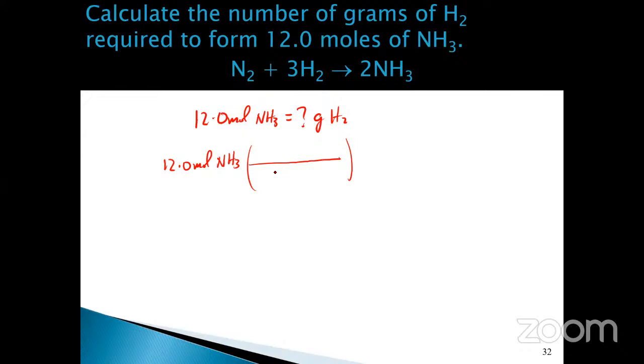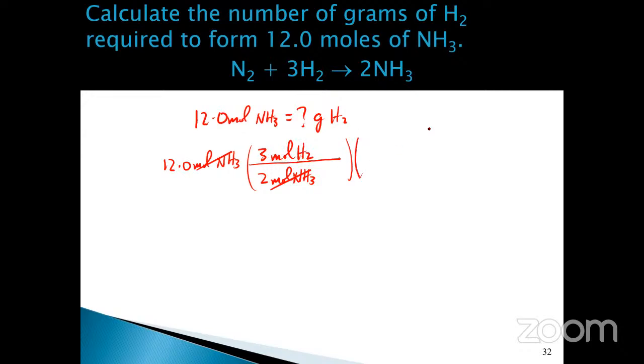You would put 2 NH3 on the bottom as a denominator. Okay, so somebody out there in Zoom was saying that took 2 moles of NH3 as a denominator, which I agree with. And the reason why I agree with that, because you want to get rid of this, right? Okay, and what goes up top? 3 what? Moles of hydrogen. Very good.